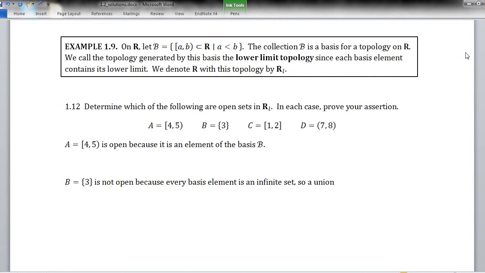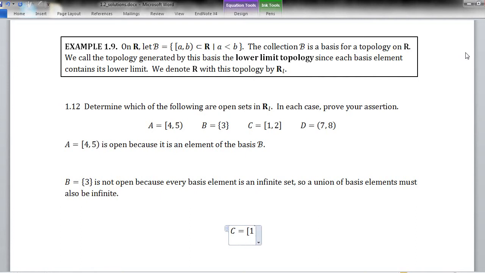So a union of basis elements must also be infinite, right? But this set B only contains one element. It's certainly not infinite. So it can't be a union of basis elements, and therefore it cannot be open in this topology R sub L. Okay.